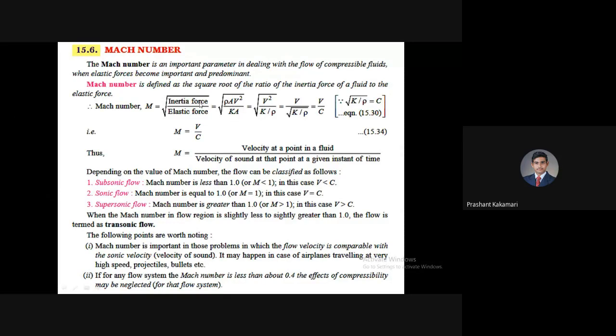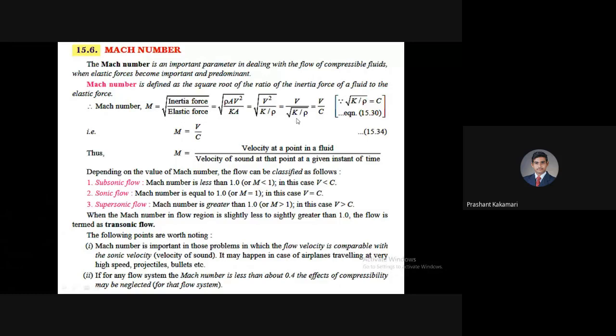And in the numerator, for the inertia force, due to the density of the fluid itself, it is moving, so it has some velocity. Taking these ratios, after cancelling A on numerator and denominator both sides, I can write square root of V square by K by rho. Or taking out the square root and square of V, I can write V by square root of K by rho.